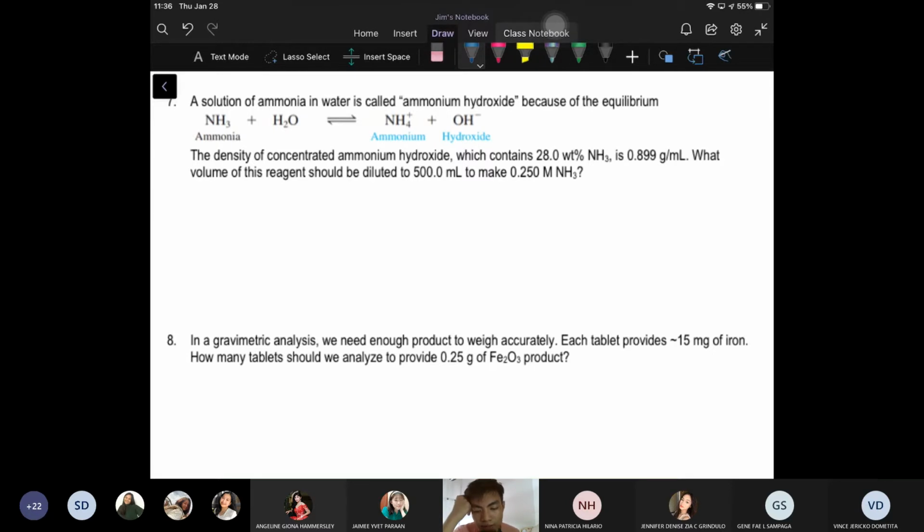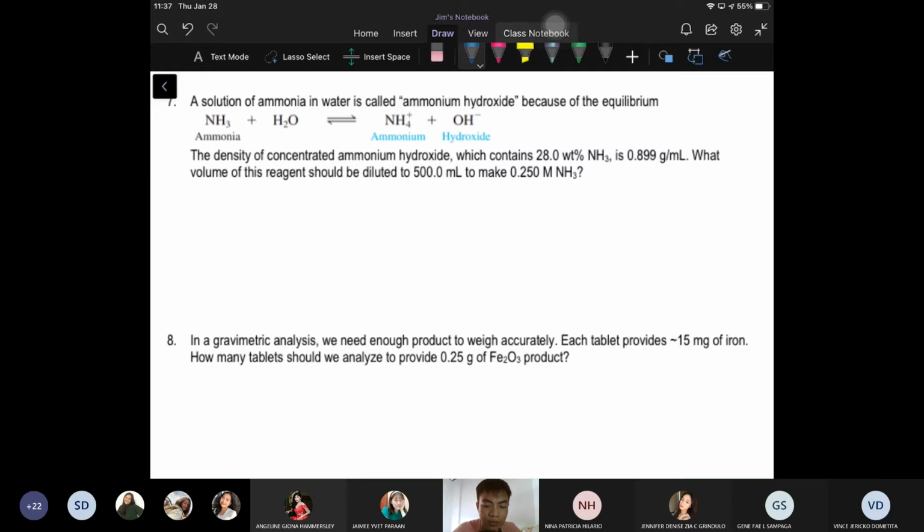The density of concentrated ammonium hydroxide, which contains 28% by weight ammonia, is 0.899 grams per ml. What volume of this reagent should be diluted to 500 ml to make 0.250 molar ammonia?